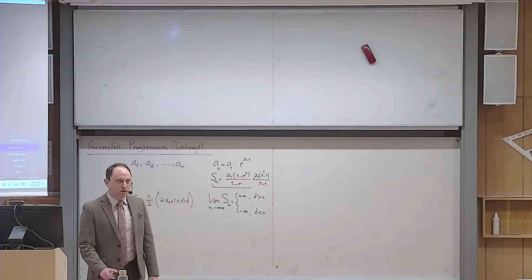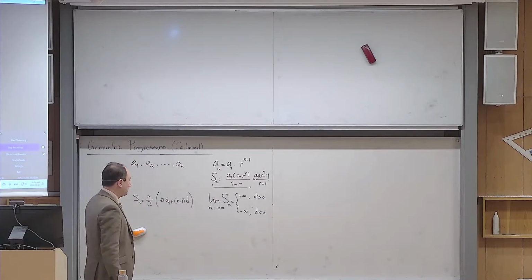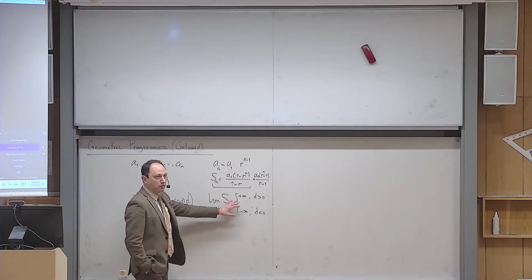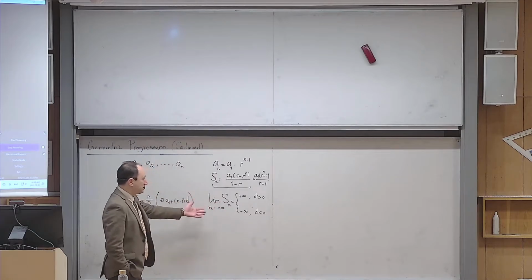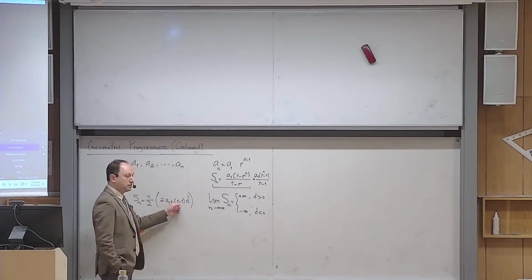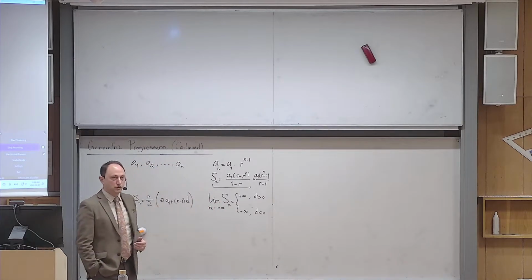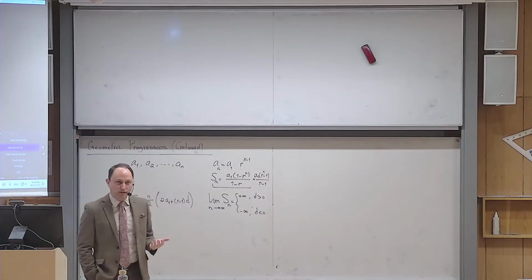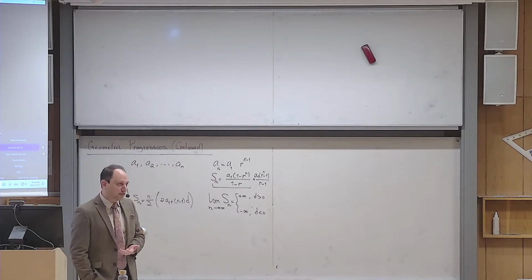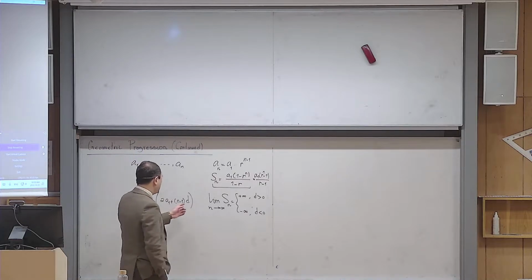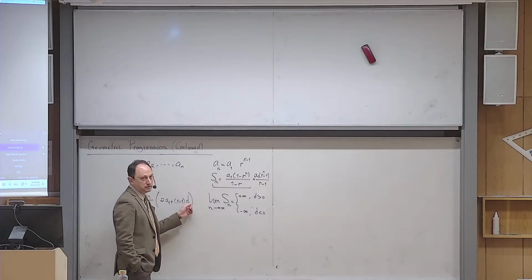So for the case of arithmetic progression, we didn't have this topic, this lesson about what happens if there are infinitely many terms that I want to add up, because the answer is always infinity or negative infinity, depending on the sign of the common difference.